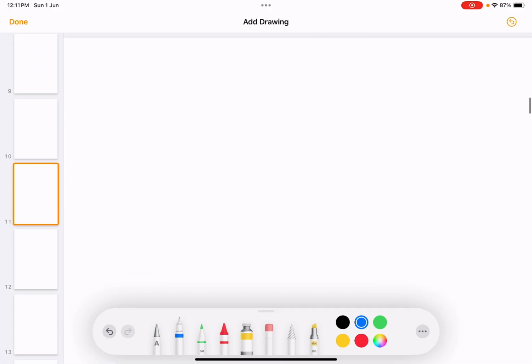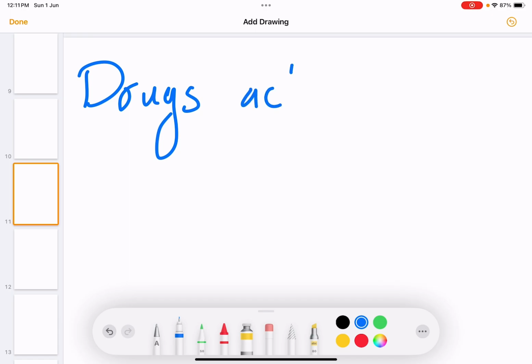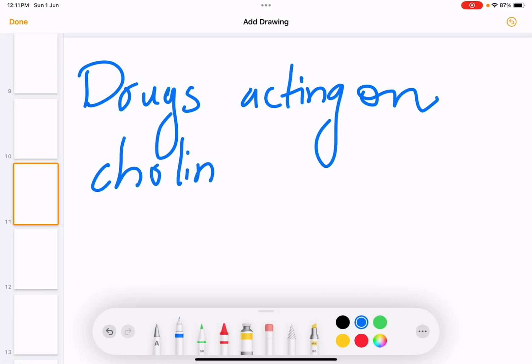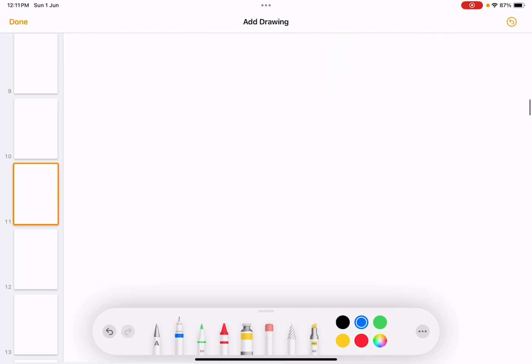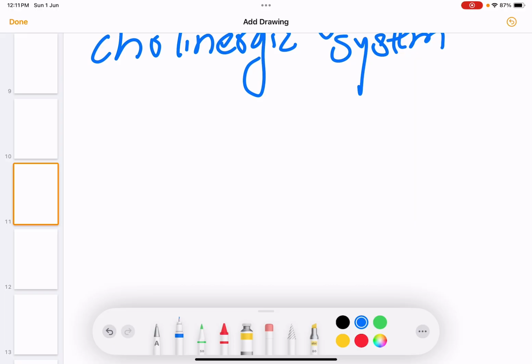Now we have drugs acting on cholinergic system. In this we have anticholinergic drugs or central anticholinergics.